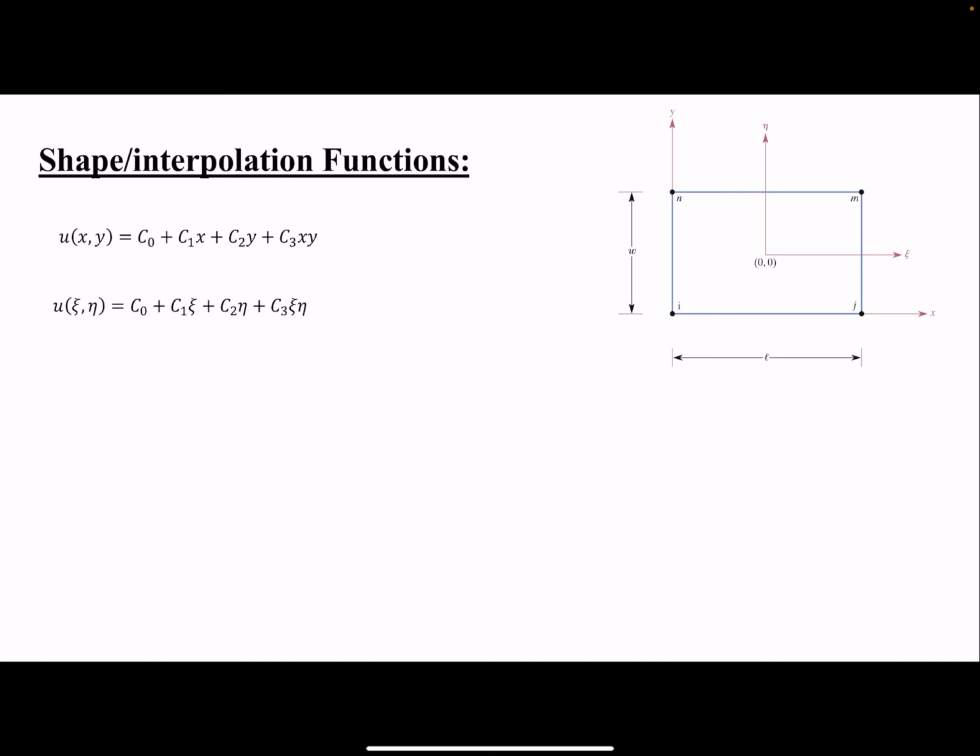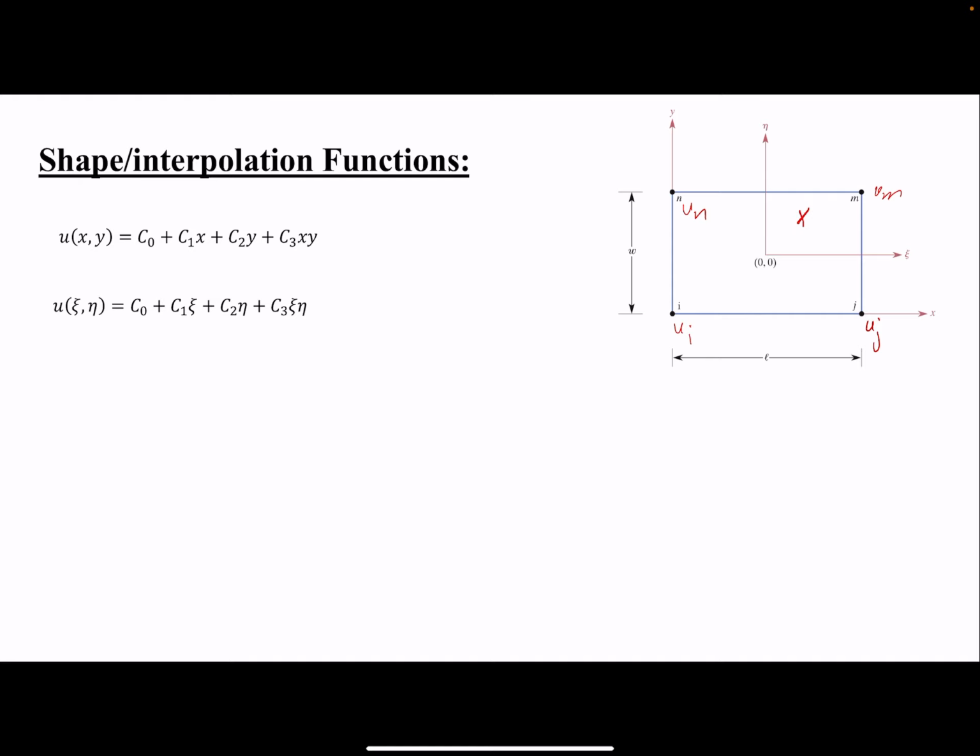If we have the nodal variables here, let's say we have uj, ui, un, and um, and we want to find the displacement in any random location within the element, we have to interpolate. And to interpolate, we need interpolation functions.